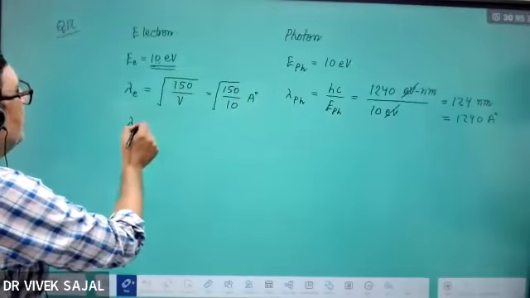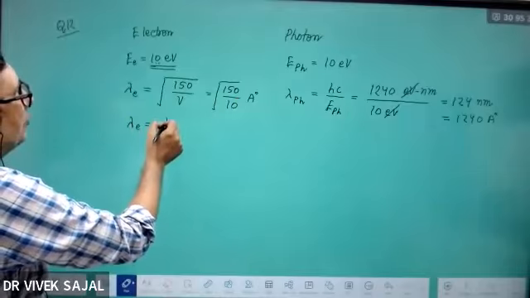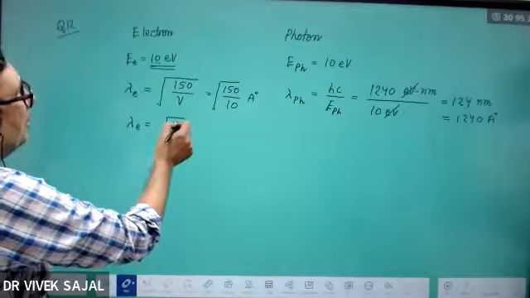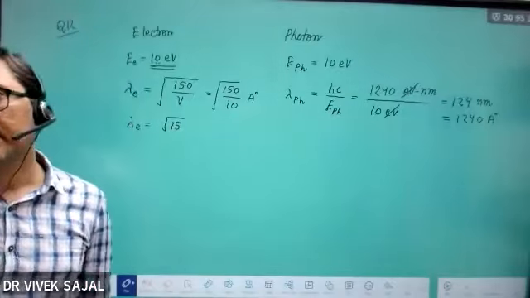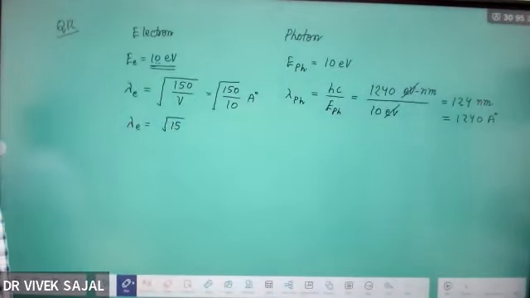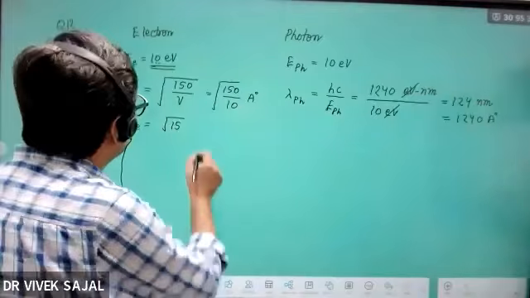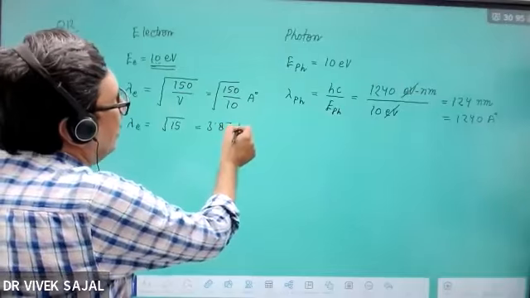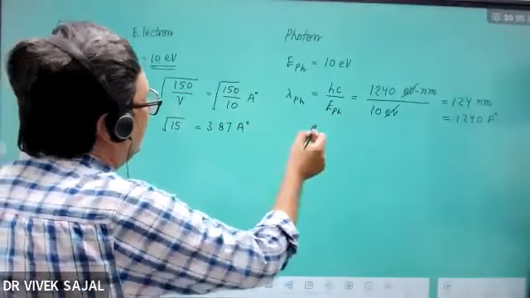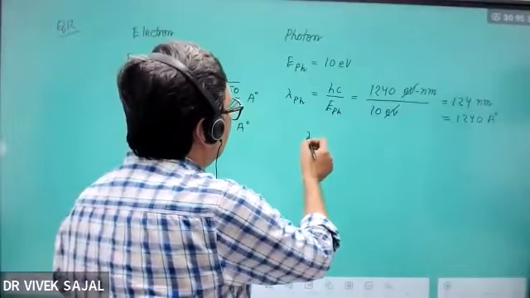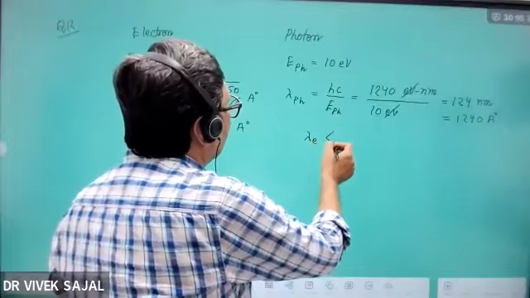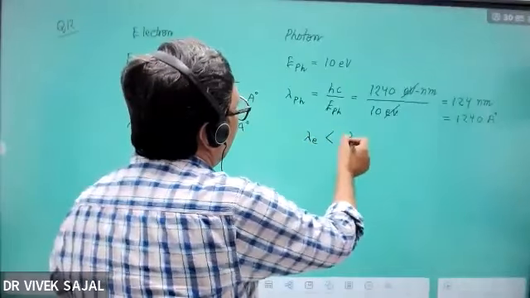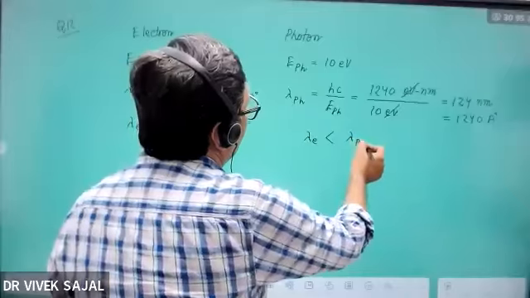So what is lambda E? How much will it be, beta? Square root of 15, so this will be 3 point something, 3.87 angstrom. So this lambda E is quite less as compared to lambda of photon.